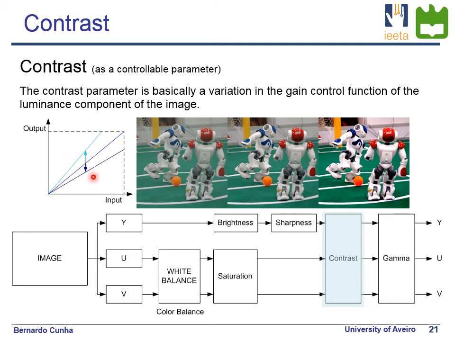If you reduce the contrast by reducing this angle, what you get is a smoother image in terms of variations of white and black, or variations of color, let's say. And therefore you can mix variations of brightness with variations of contrast to, starting from a certain image, obtain an image which is better for your particular application.